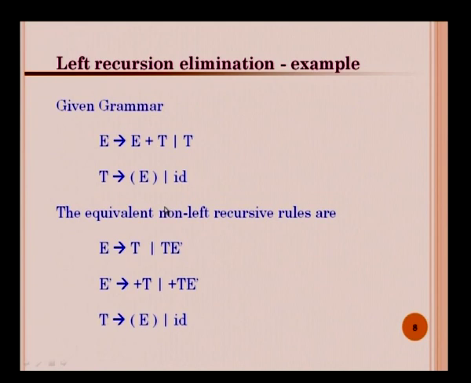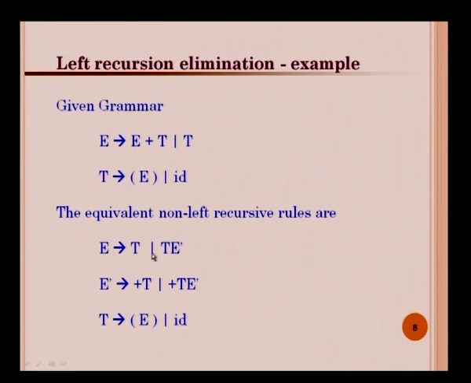So as per the method being used for converting it into the non-left recursive grammar, we find that the non-left recursive part of this production is T. So first we will put it as E derives T, and then for the connectivity process, that is for generating that alpha as many times as we wanted to have, we will go for introducing a new variable called E prime.